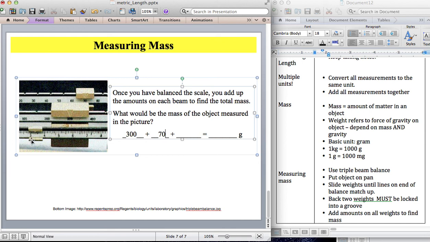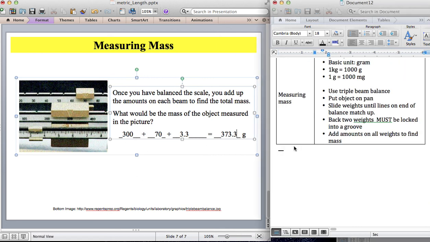And we've got what looks like 3.1, 3.2, about 3.3. It's kind of in the middle. I'm going to call it 3.3, which gives me a total of 373.3 grams.